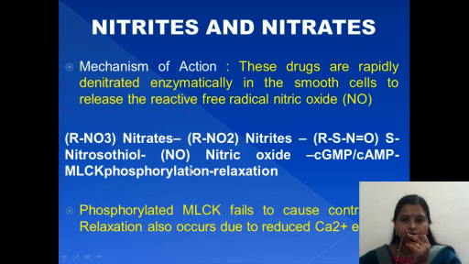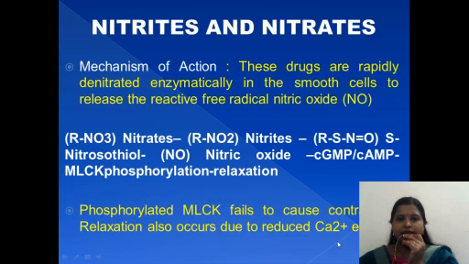So the release of the nitric oxide helps in activating the cGMP or cAMP, and this leads to the phosphorylation of the MLCK. The MLCK phosphorylated form causes the relaxation. Now this phosphorylated MLCK fails to cause the contraction, and this relaxation could also be due to the reduction in the calcium entry.